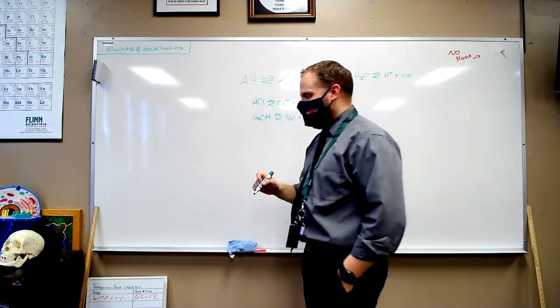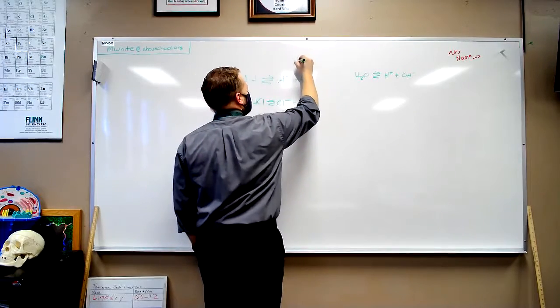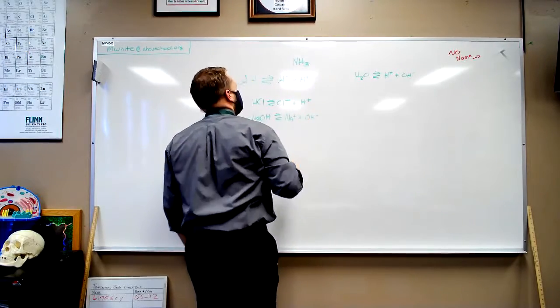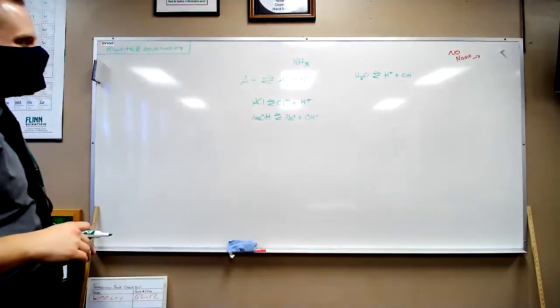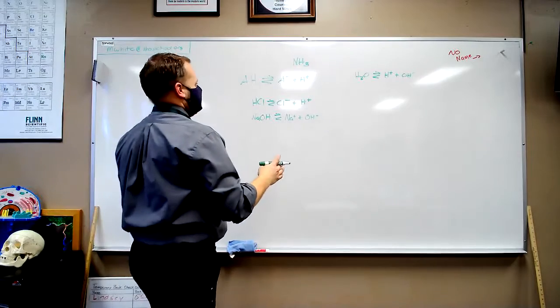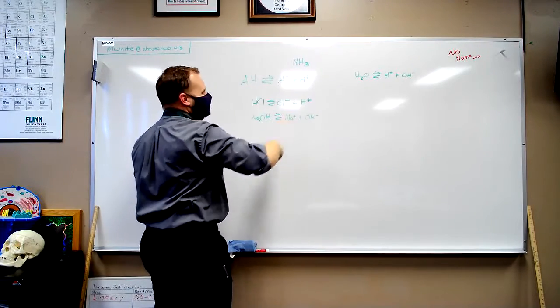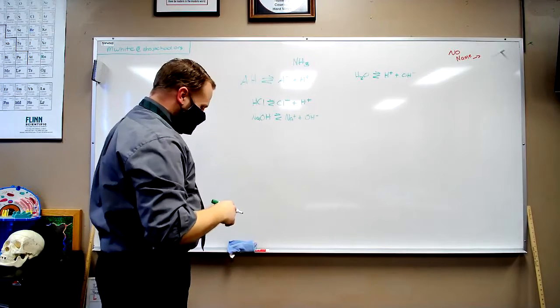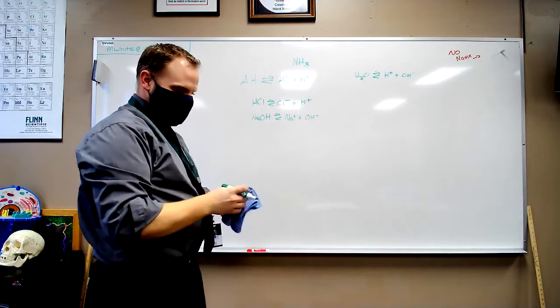Because, well, we've got this pesky little compound called ammonia. Now, looking at that, it looks like it's an acid, right? We can pop that hydrogen off. Well, as it turns out, ammonia is actually a base.